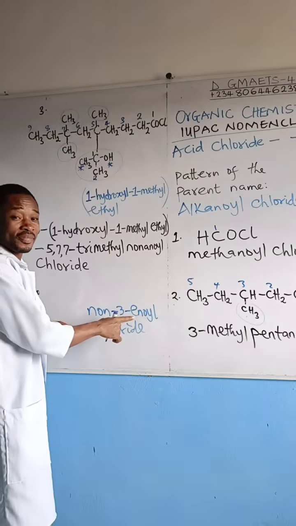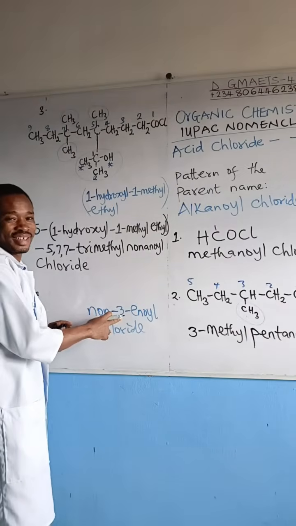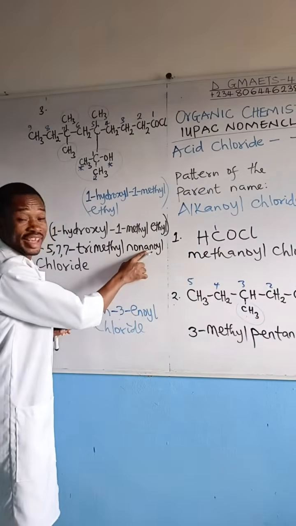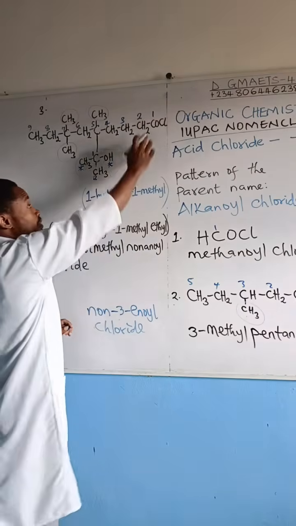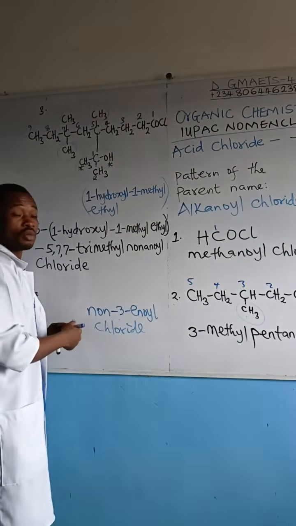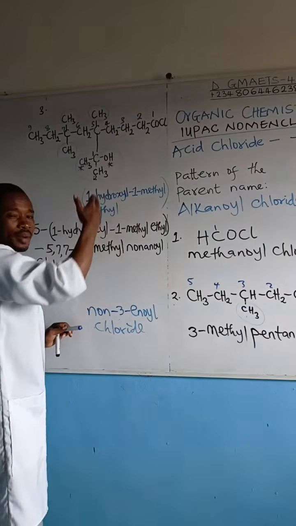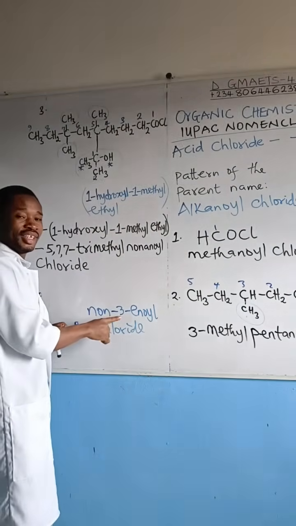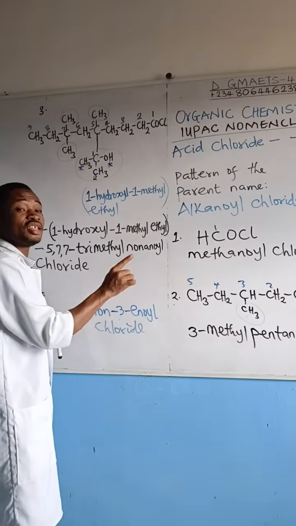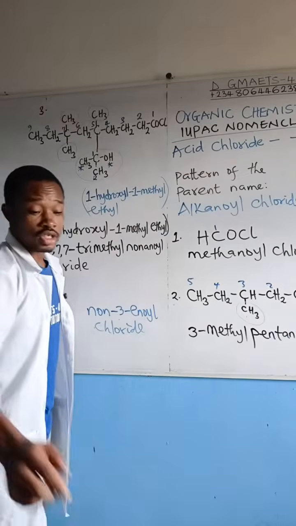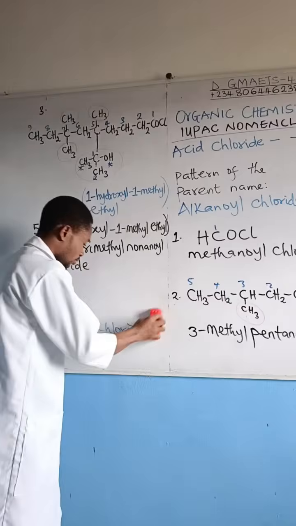If it is a single bond, then no need of breaking anything to indicate the carbon bearing the single bond. It will be nonanoyl, like you have it there. But if you have a double bond, an alkene, in the parent carbon skeleton, you must respect that. Assuming you have a double bond after carbon number 3, it will now be non-3-enoyl chloride. E will come in, enoyl, to respect the alkene. So you take note of that in case you see any such structure.